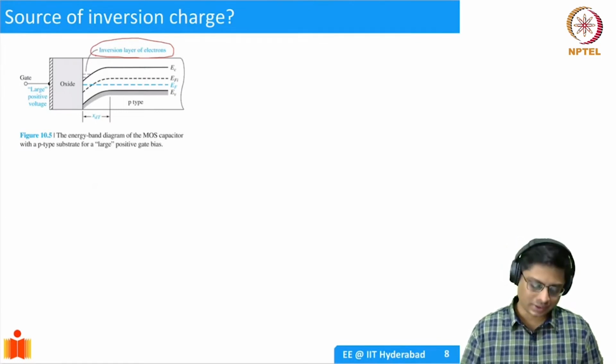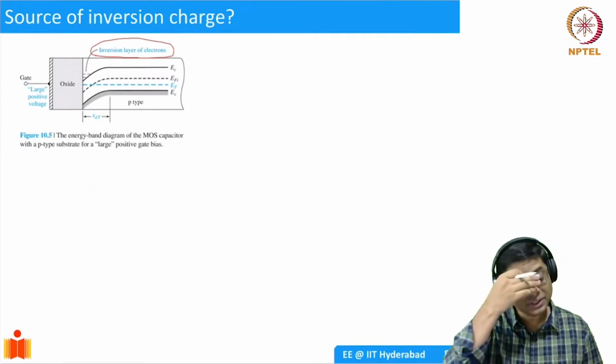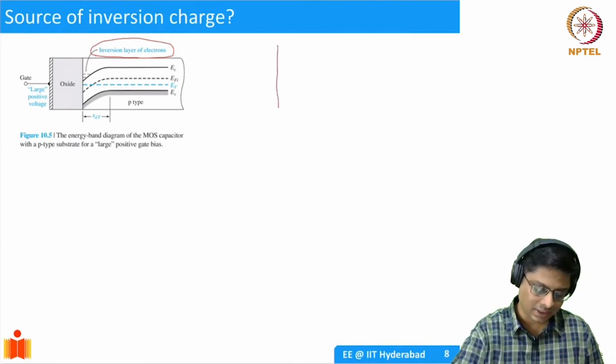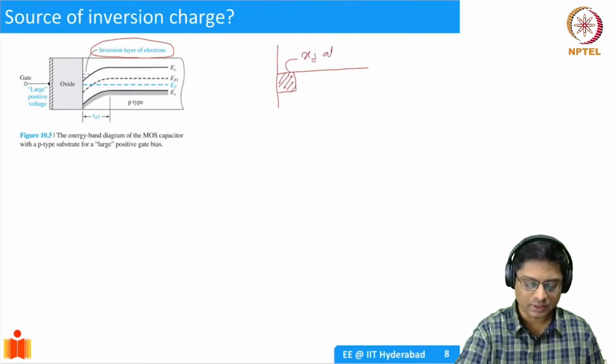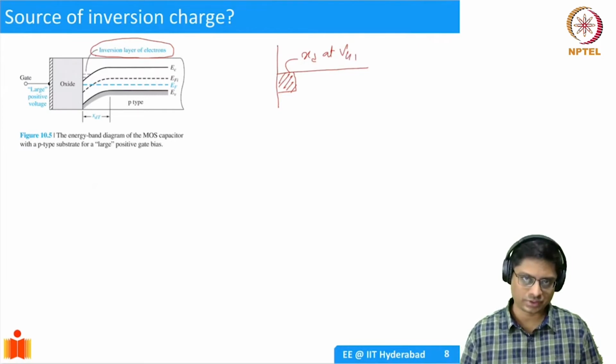Think about it. So what happens when, let's draw the depletion region for a moment. Initially, let's say I have my depletion region in this way. So this is my XD at, let's say, VG1. I increase my voltage.